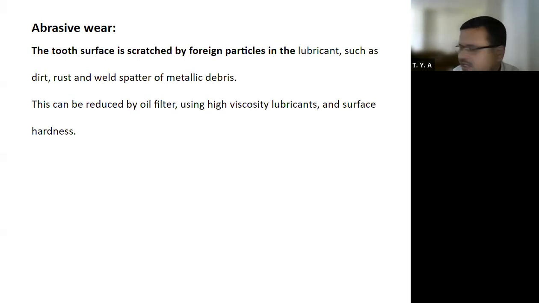Surface hardness of the gear teeth. This is the first, abrasive wear.